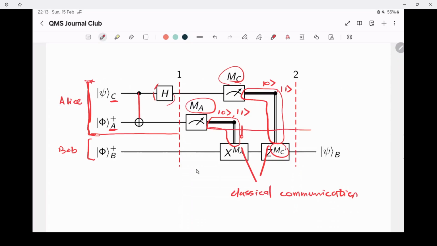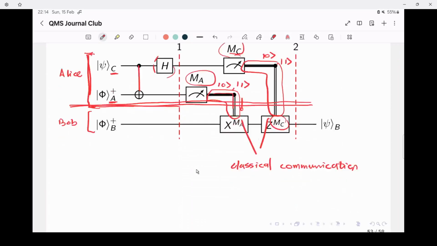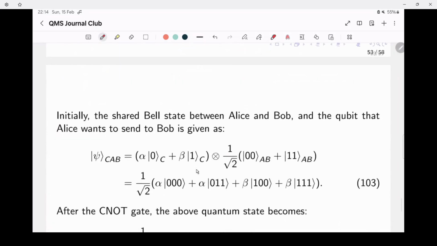And this is where you cannot really perform faster than speed of light communication, because you still need to send whatever Alice measured to Bob before Bob can do what we call the error corrections. So let's check this one by one. Initially you have a shared Bell state between Alice and Bob.